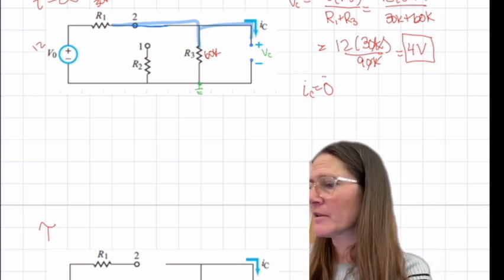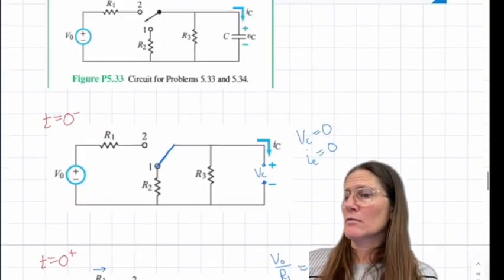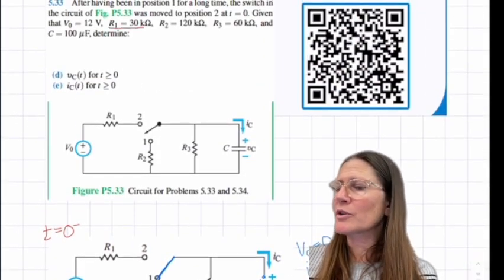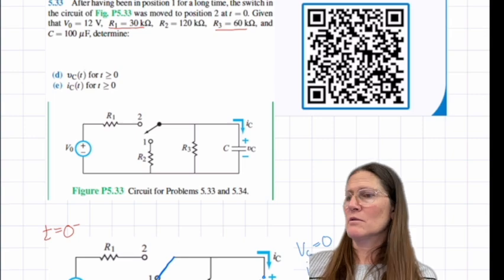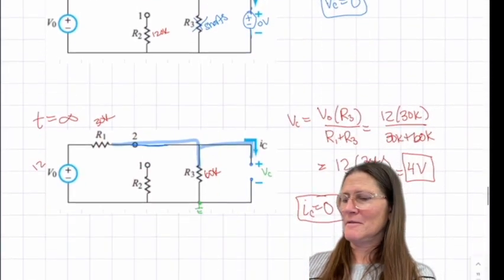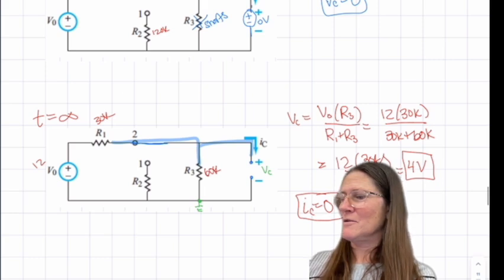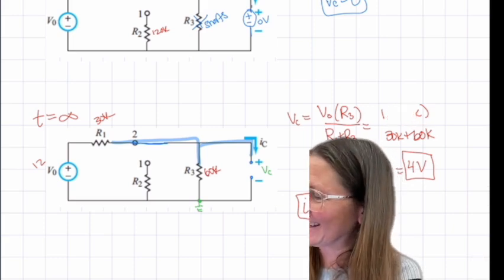Yes? Is R3 60K? Yeah. So that's 30K. R1 is 30K, R3 is 60K. I think you have R3 as 30K in the numerator. Yeah, you're right, thank you. I see what you're saying.